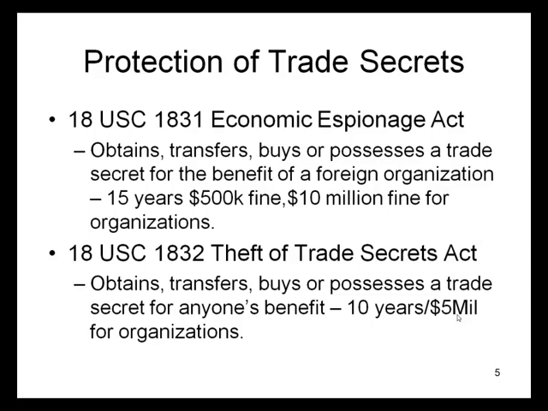The former one is designed essentially to punish individuals and organizations for utilizing trade secrets or stealing trade secrets to benefit a country or a foreign organization. It is, in effect, applying espionage in the traditional sense against intellectual property owned by the private sector.